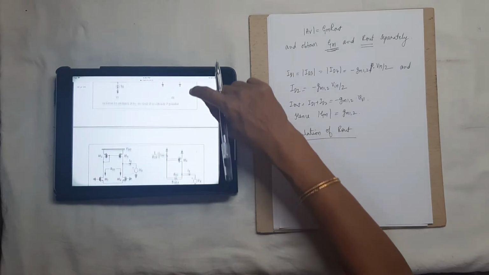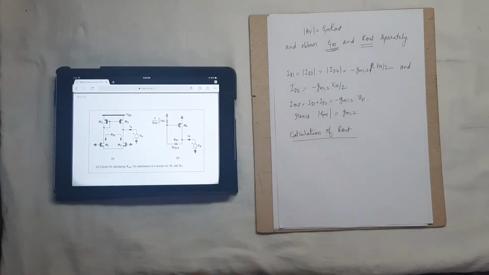For calculation of Rout, let us consider the circuit. So here, when the voltage is applied to the output to measure Rout, the gate voltage of the M4 does not remain constant.